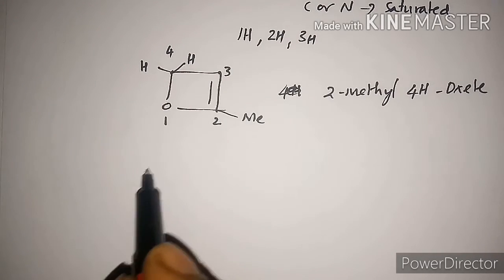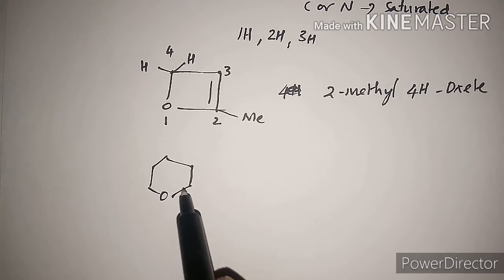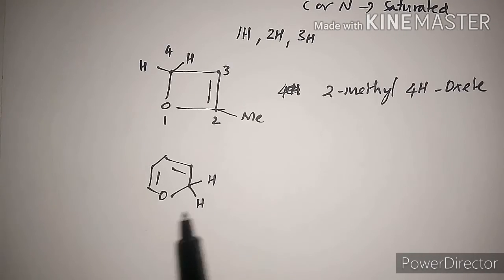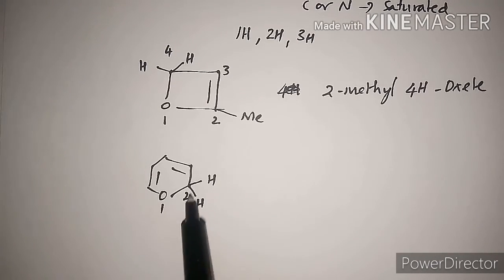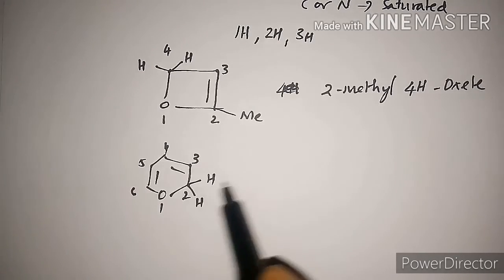So another example. Now this is 1, 2, 3, 4, 5, 6. Now this is 2H.